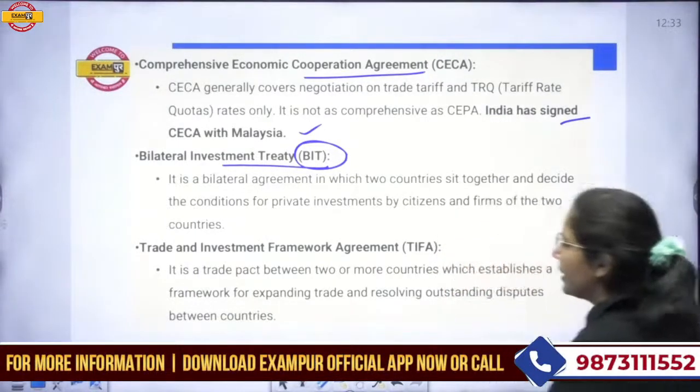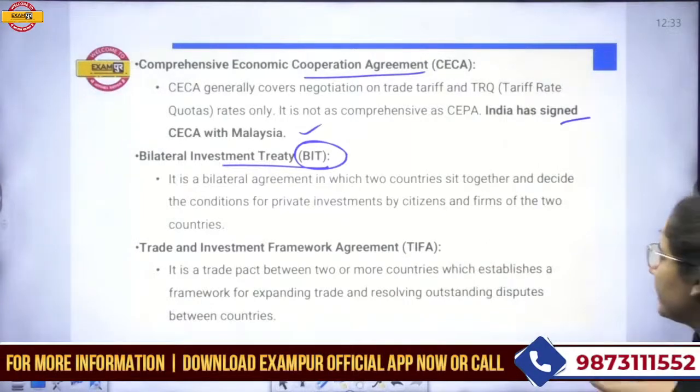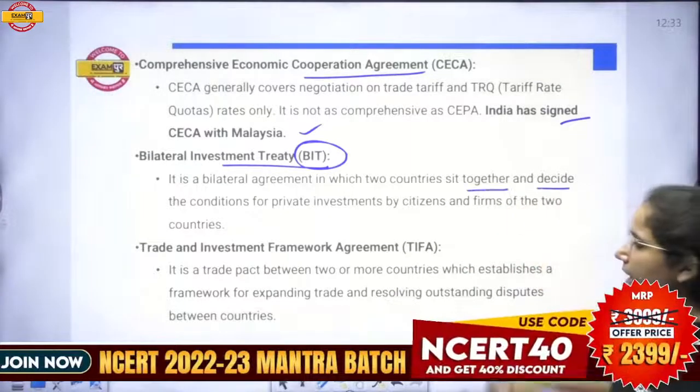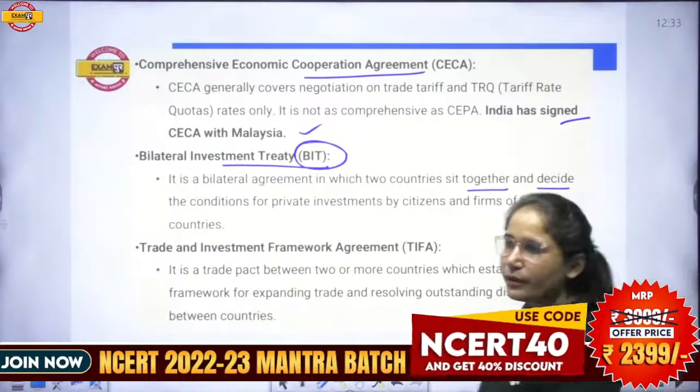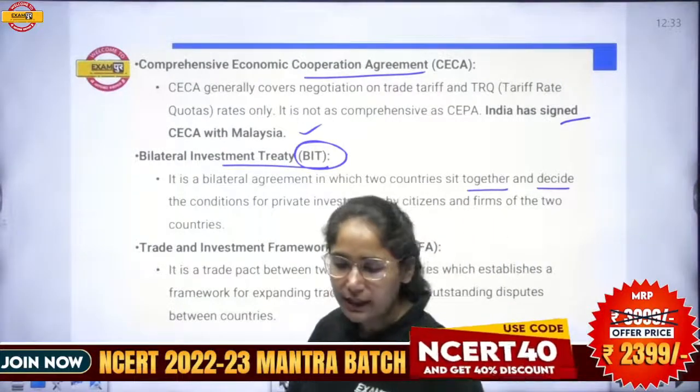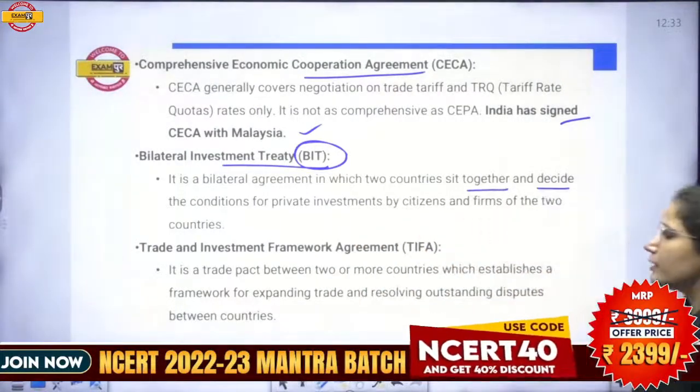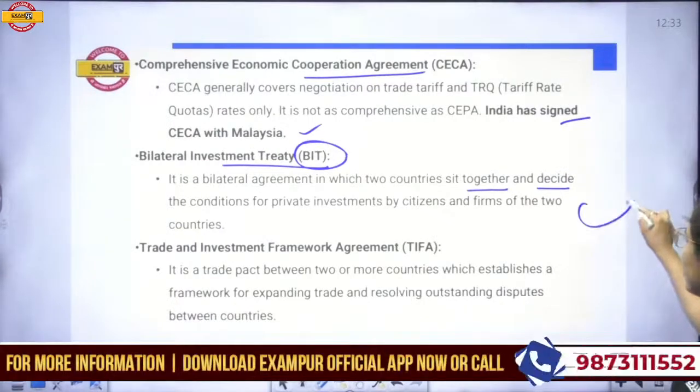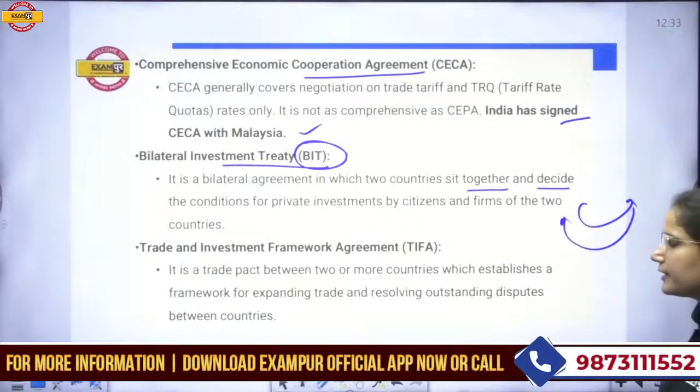So bilateral investment treaty: two countries sit together and decide what is to be done and what kind of investment is required for both countries. Both countries have to make additions to each other's economy.